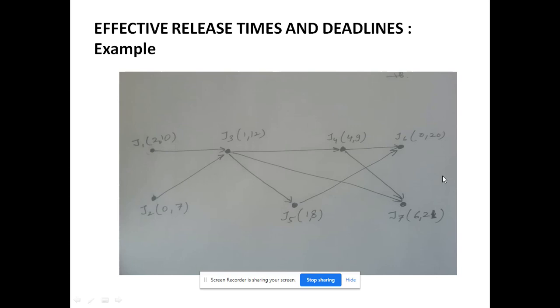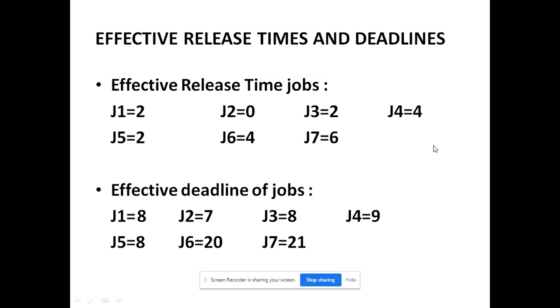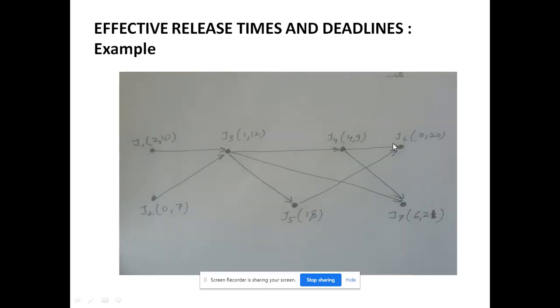So we will start with the jobs J6 and J7. This second value is the deadline. The deadline of J6 is 20, deadline of J7 is 21, J4 is 9, J5 is 8, J3 is 12, J1 is 10, J2 is 7. These are the given deadlines of the jobs.